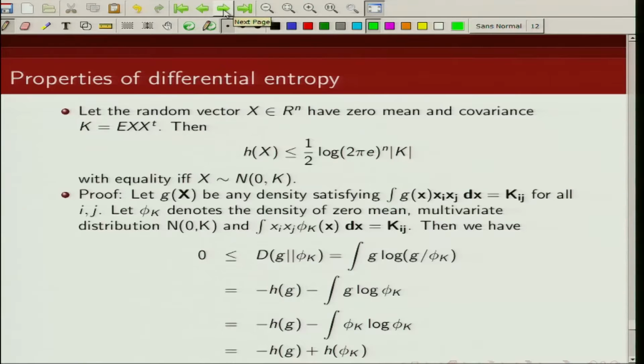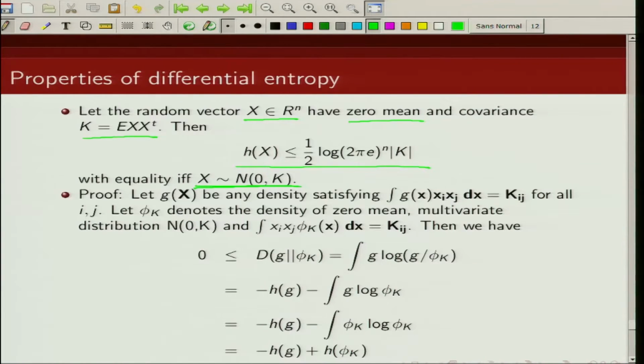Now the next result that we are going to show is as follows. If you have a random vector x with 0 mean and covariance given by K, then its differential entropy is upper bounded by half log of 2 pi e raised to power n times determinant of this covariance matrix, and equality happens when x is a multivariate Gaussian normal distributed random variable.